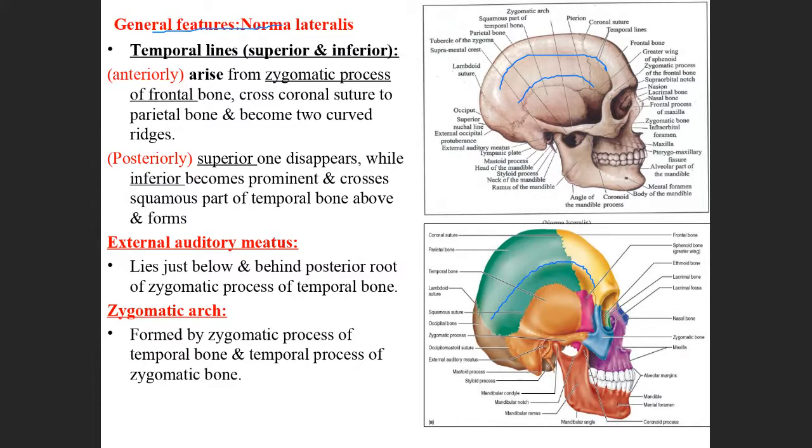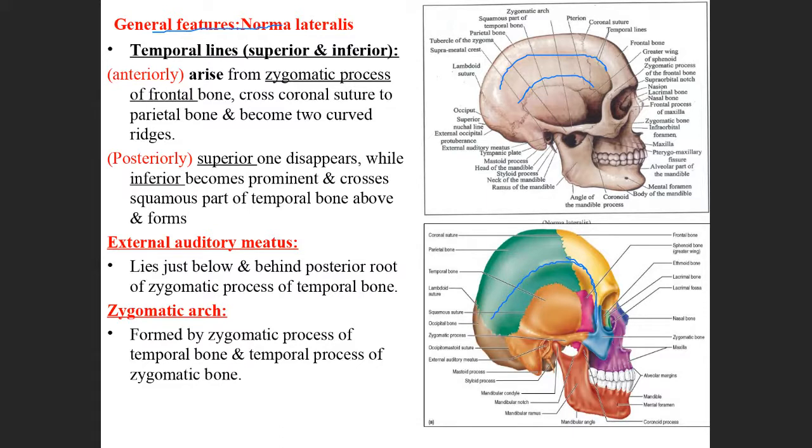The superior or anterior arises from the zygomatic process of frontal bone. So from where is it coming? It is coming from the zygomatic bone, from here, and where does it cross? It crosses the coronal suture. This one.